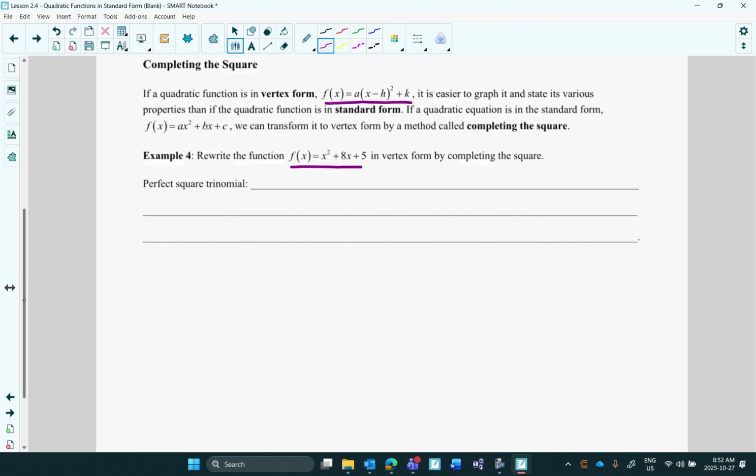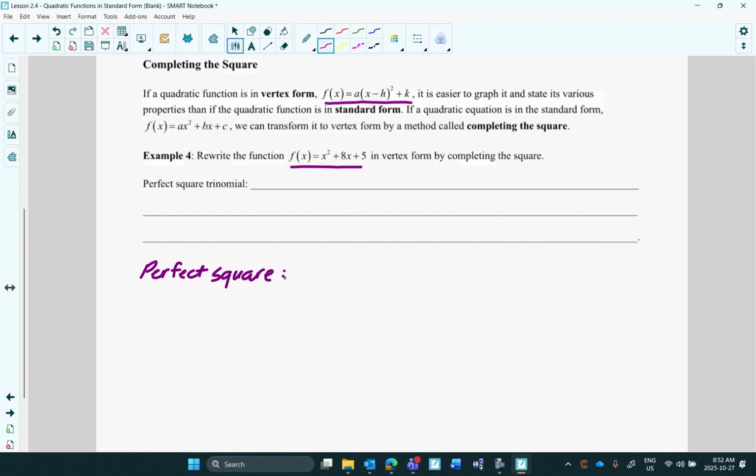First thing you have to know is what's a perfect square trinomial? Well, let's take a step back. Do you remember what a perfect square is? Or can somebody give me an example of a perfect square? Why 16? Because 4 times 4.